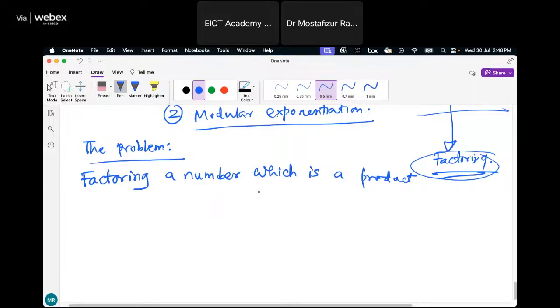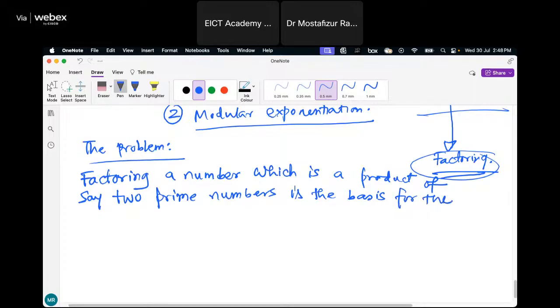So factoring a number which is a product of, say, two prime numbers is the basis for the security on our computers.